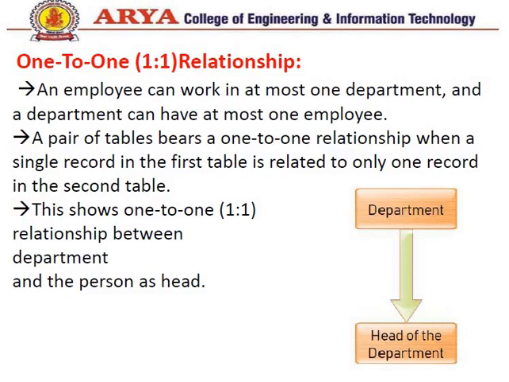It means the relation from department to employee is 1:1 and from employee to department is also 1:1. A pair of tables bears a 1-to-1 relationship. In this example, department and head of department show a 1:1 relationship between a department and the person who is the head of department.